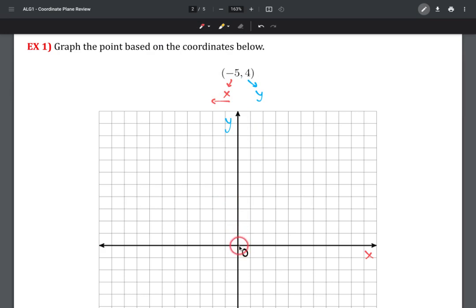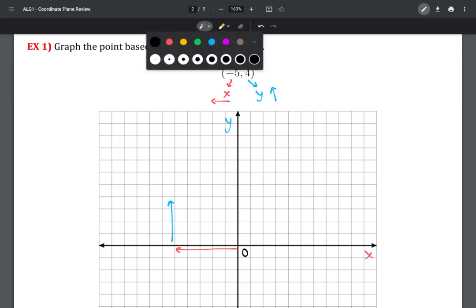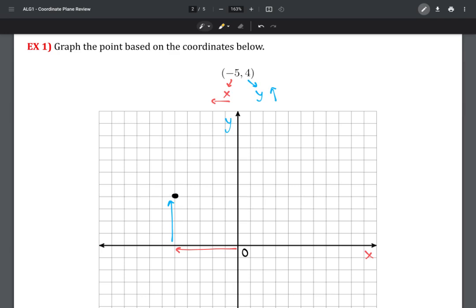So always starting again at the origin, we're going to go 1, 2, 3, 4, 5 units to the left. And then after that, I still have to take care of my y-coordinate. Because my y-coordinate is positive, this tells me I need to go up after going left. So going up 1, 2, 3, 4. Now I can go ahead and plot a point. And this is the point with the coordinates -5, 4.